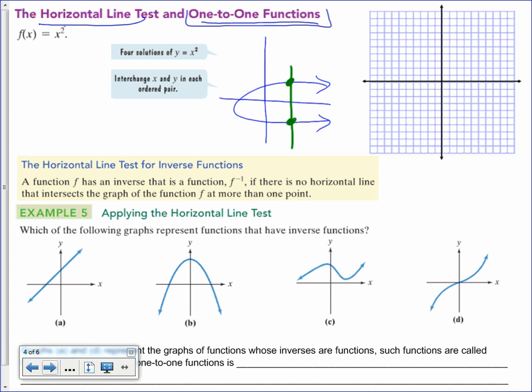So why would I even bother doing a horizontal line test if it's not a function? I usually throw questions like that on the test, just so you know. So it has to pass the vertical line test before you can move to horizontal. Correct. Yes.